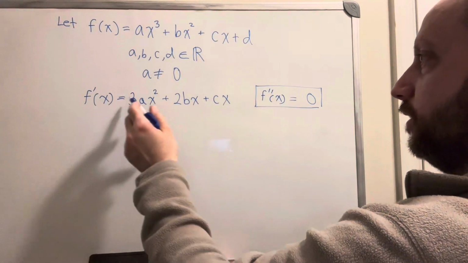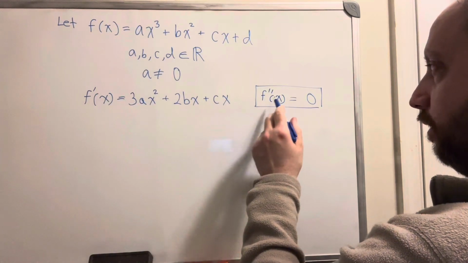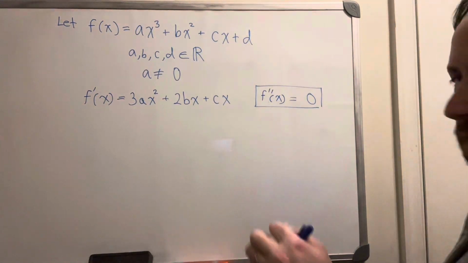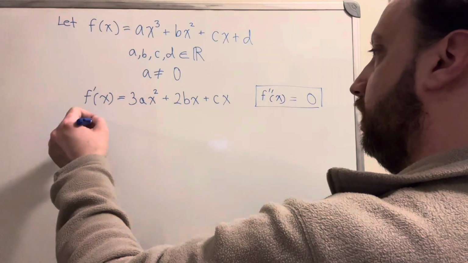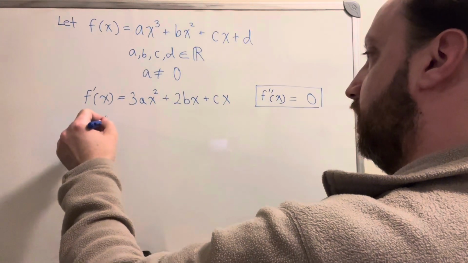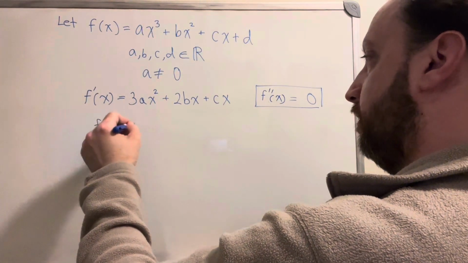So now we've got the first derivative right there, but we need to find out where the second derivative is 0. So take the derivative again. What is the derivative in this case? F double prime of x.